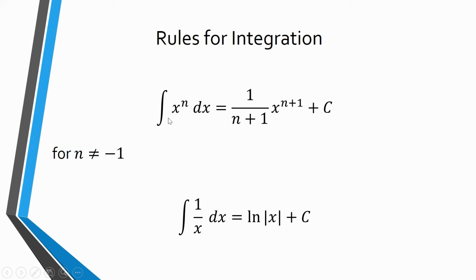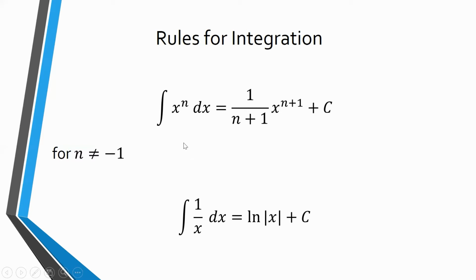This shows me how to integrate any polynomial that we want or any rational 1 over x to a power. Even if n is negative, this will work. As long as n is not -1, this rule works.